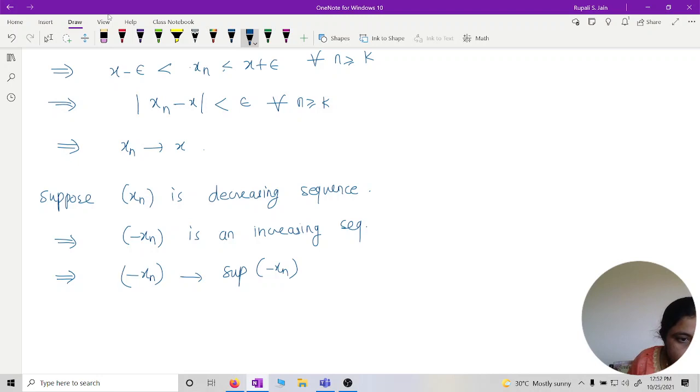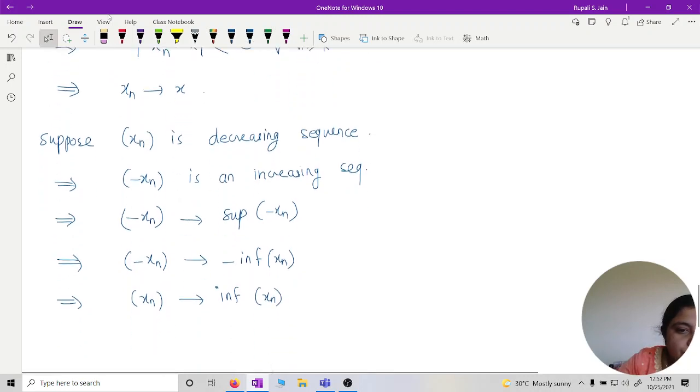But what is the relation between the supremum of minus xn and the infimum of xn? The supremum of minus xn is minus the infimum of xn. So this implies xn converges to the infimum of xn.